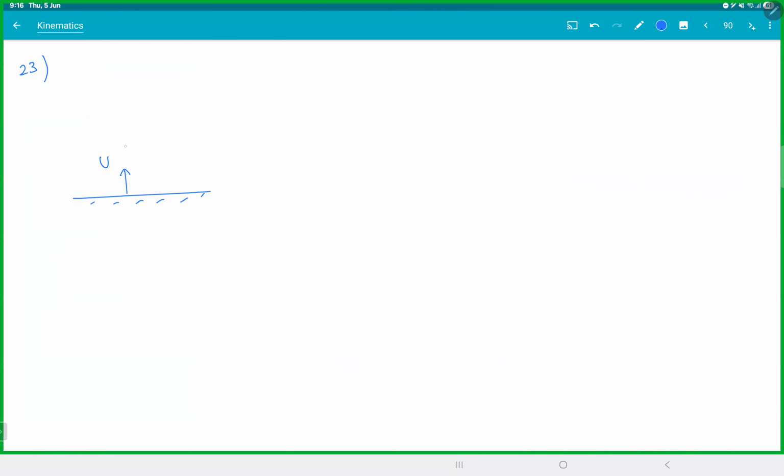A particle is projected with speed u, goes up and comes down, gravity is g. Again, remember the diagram should be a single line, but you won't understand, so I'm drawing it with a little gap. So it's not a projectile motion or anything.